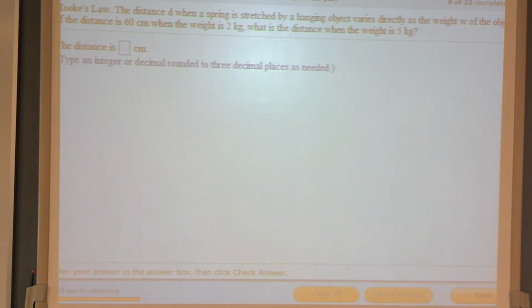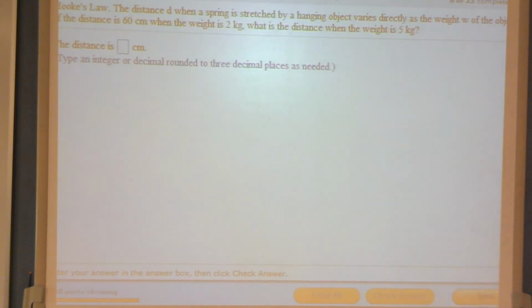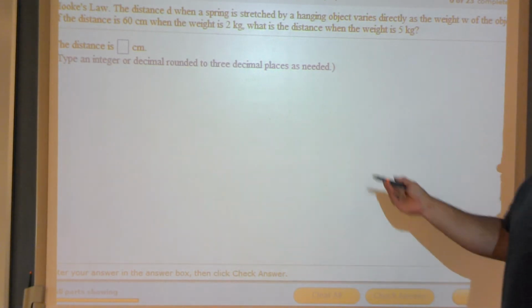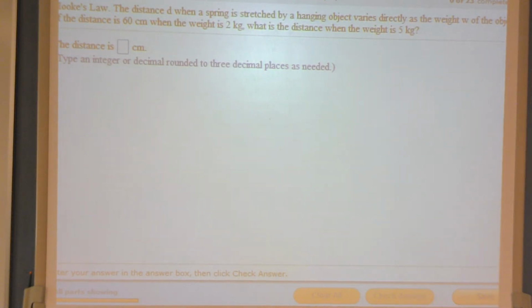So, I'm sorry. Converting the problem into the formula that we use, we put D is equal to K times W. Write Y is equal to K times X, right there. Now, W replaces X. Let me show you how I do it.